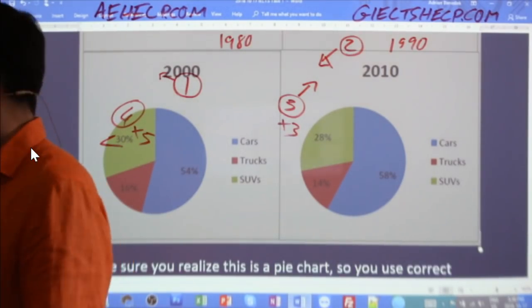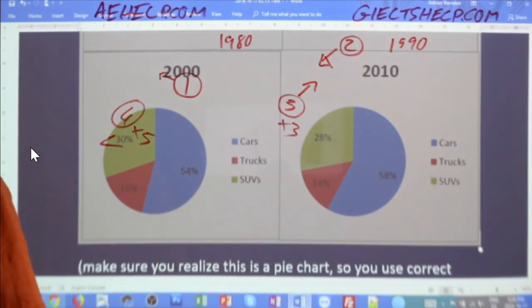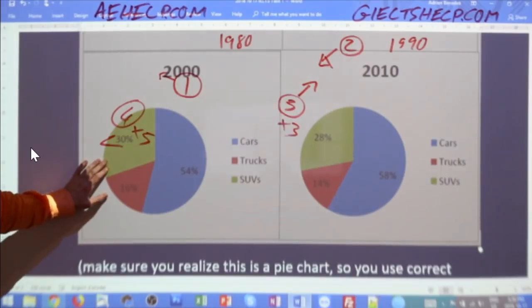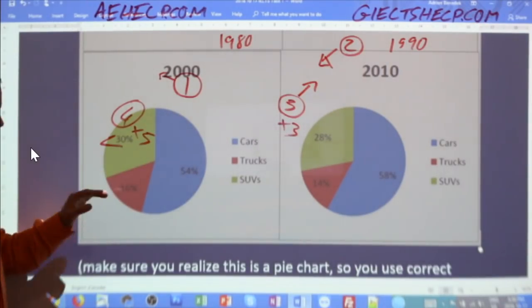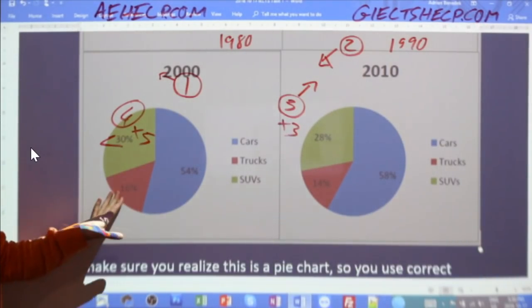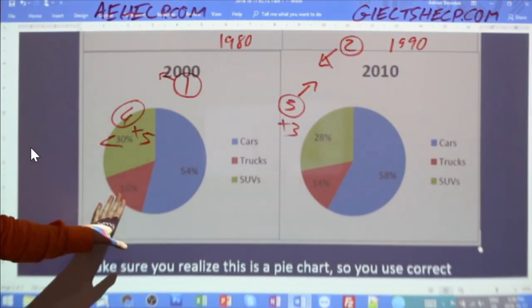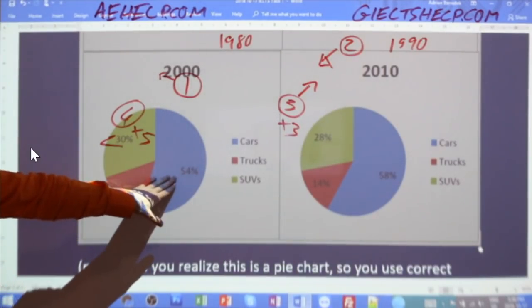Absolutely. By this point, we might want to mention that this great increase in the sale of SUVs and in the sale of trucks, which is kind of the same, has really taken a bite from the sale of cars.